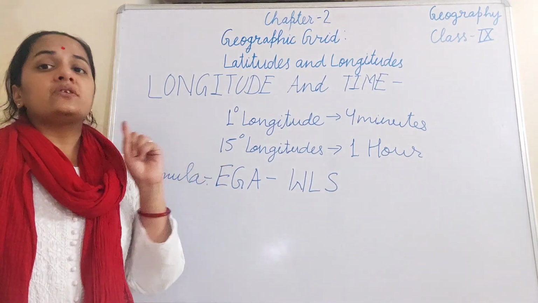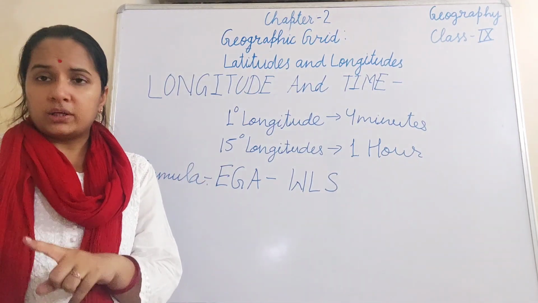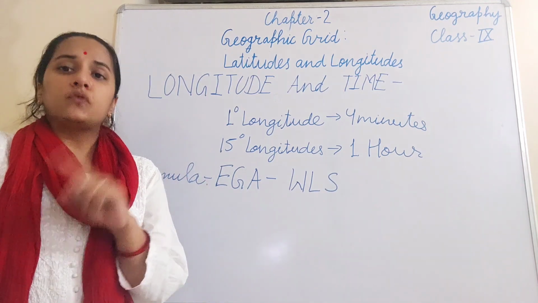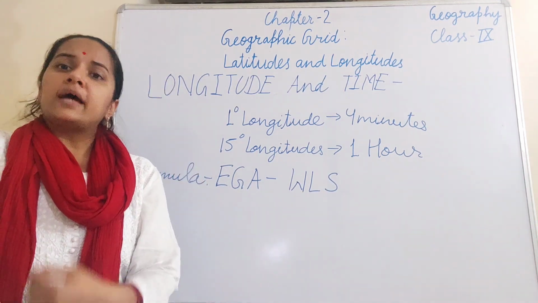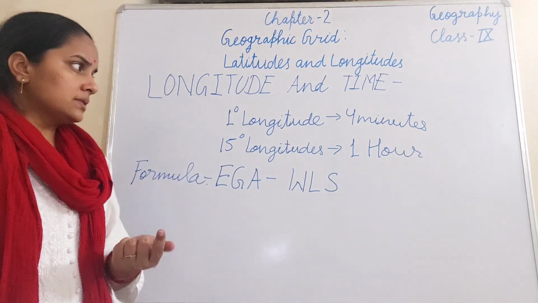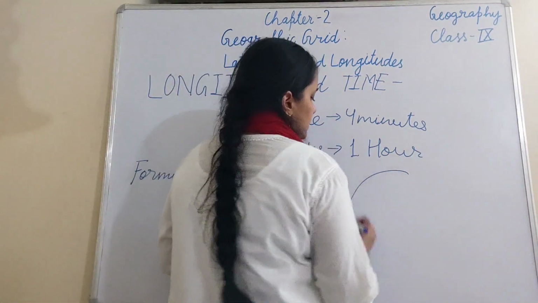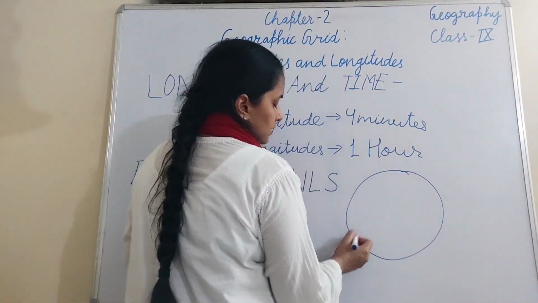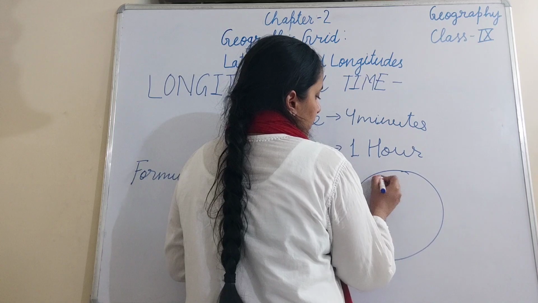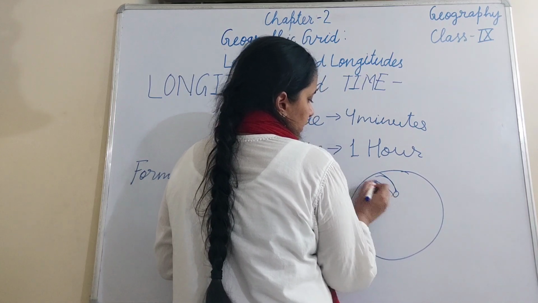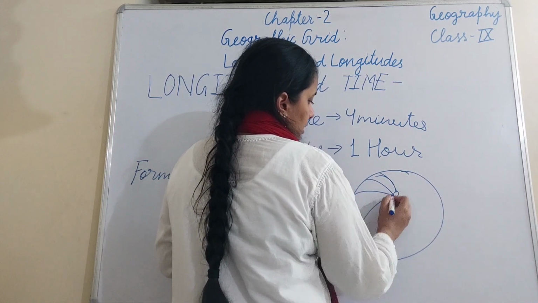In case of lines of latitude, it is only the equator, but in case of lines of longitude, any two diametrically opposite lines.